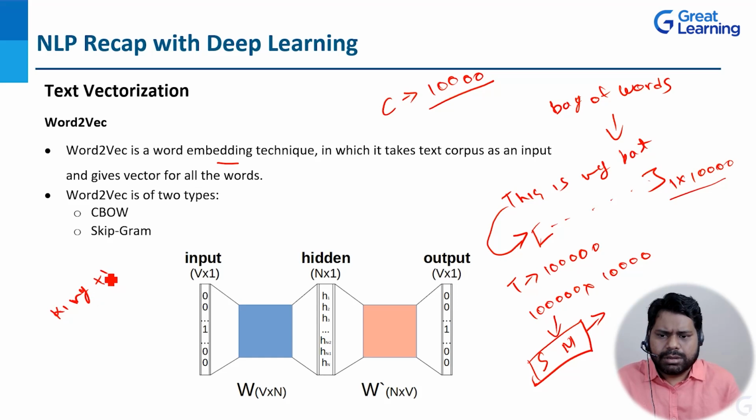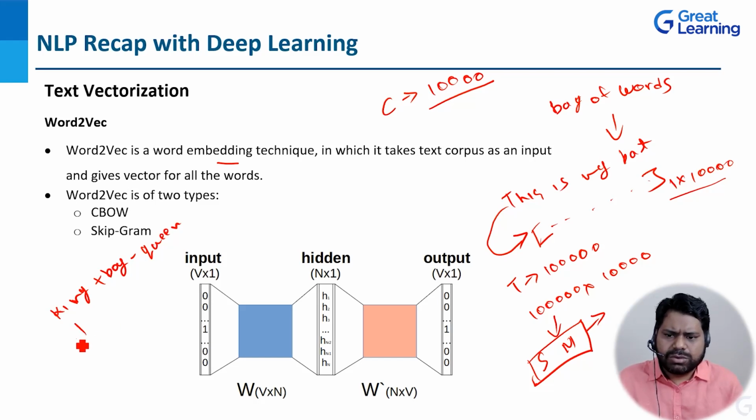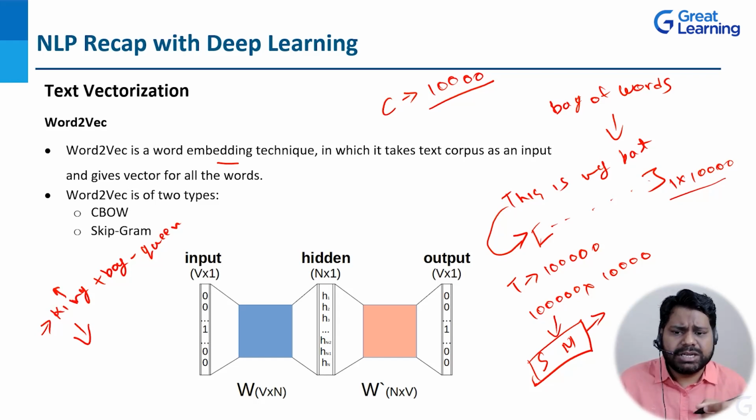Consider king plus boy minus queen. What does this mean? To word2vec we are passing king. King has certain properties, some of which would be power, army, land, money, and similarly the gender of the king.